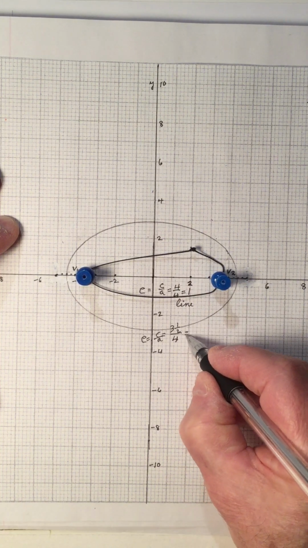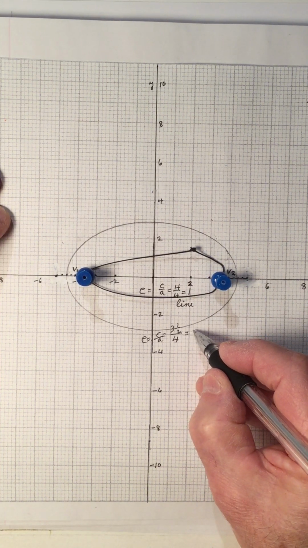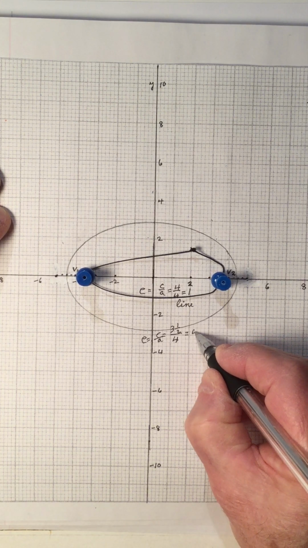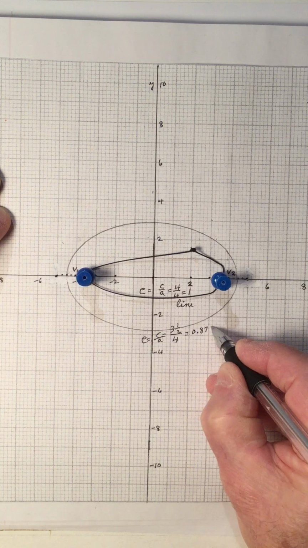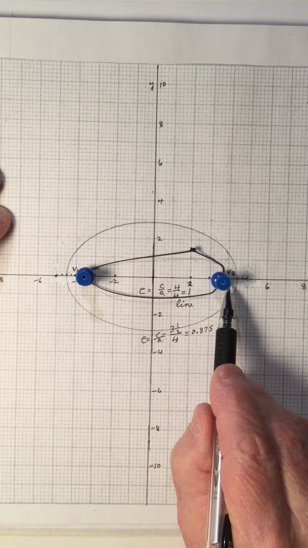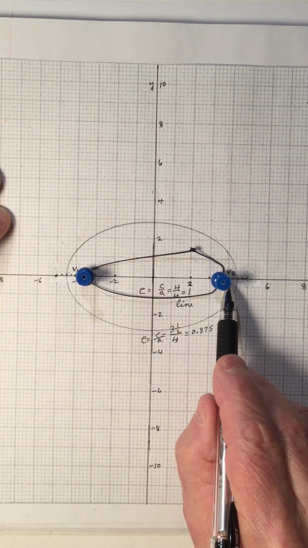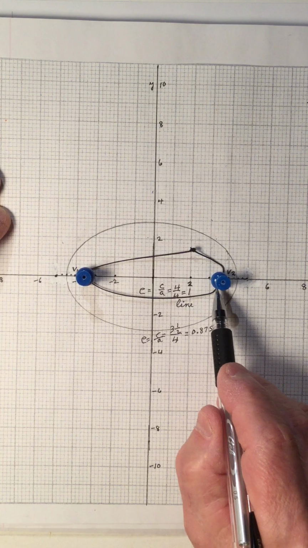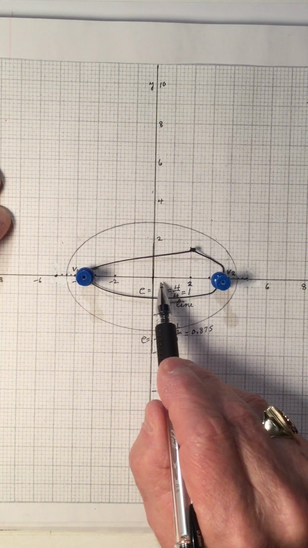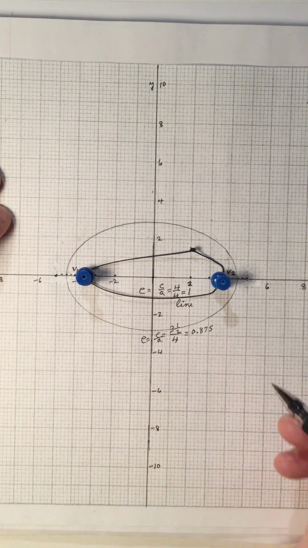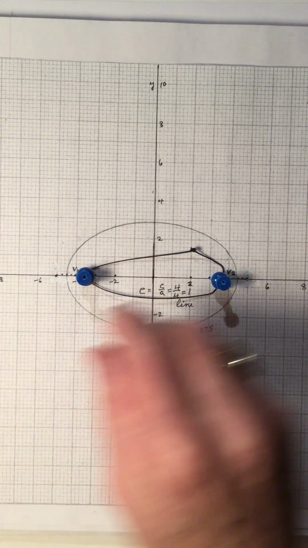So that gives us a ratio of 3.5 divided by 4, which is 0.875. So when I keep the vertices at 4 and change the foci to move closer to the center of (0, 0), let's see what's going to happen.